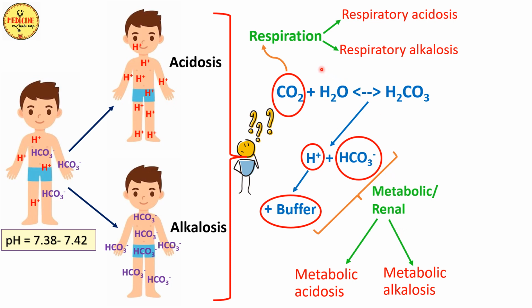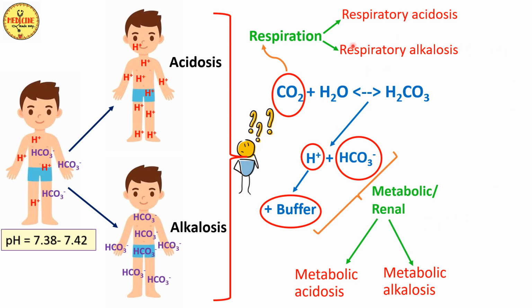So when you have either of these conditions, an acidosis because of respiration or renal, or an alkalosis which could be respiratory or metabolic, what will your body do? Will it just watch and wait? No, it has its own compensatory mechanisms. When the problem is with the respiration, the lungs can't do anything further to correct this condition, so your kidneys will come in.